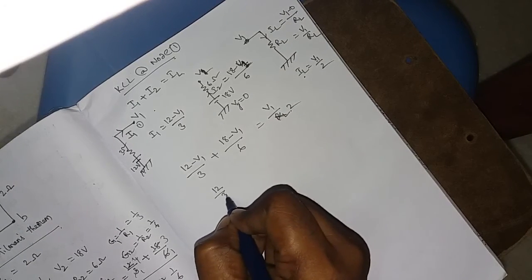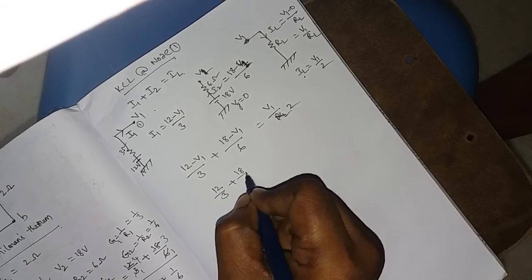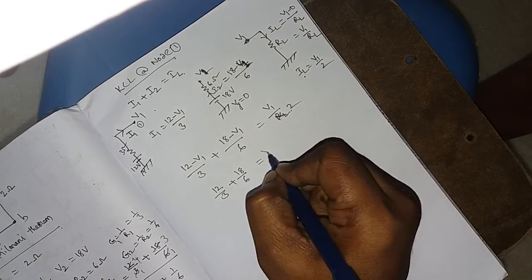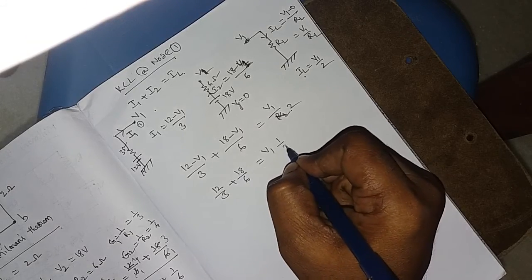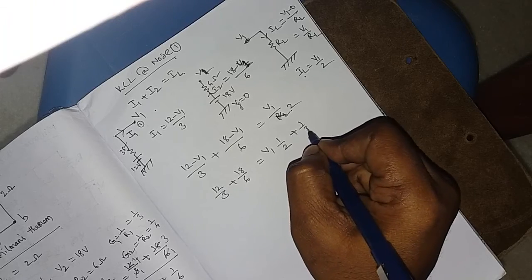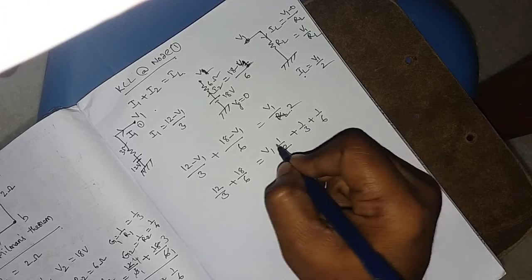12 by 3 plus 18 by 6 is equal to V1 times (1 by 2 plus 1 by 3 plus 1 by 6).